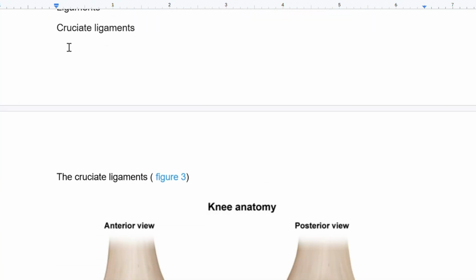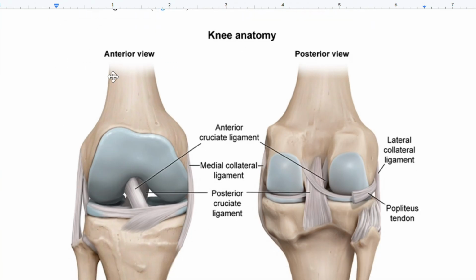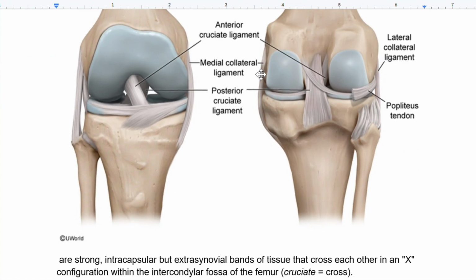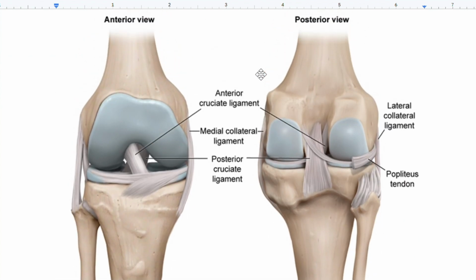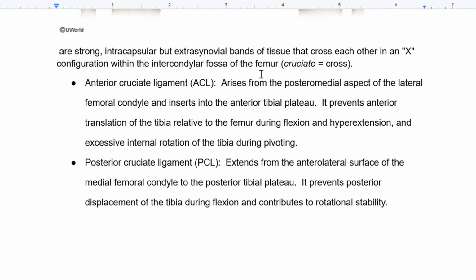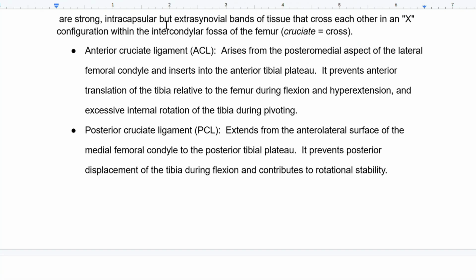Okay, ligaments. Cruciate ligaments. The cruciate ligaments, see figure 3, are strong intracapsular but extrasynovial bands of tissue that cross each other in an X configuration within the intercondylar fossa of the femur. Cruciate equals cross.